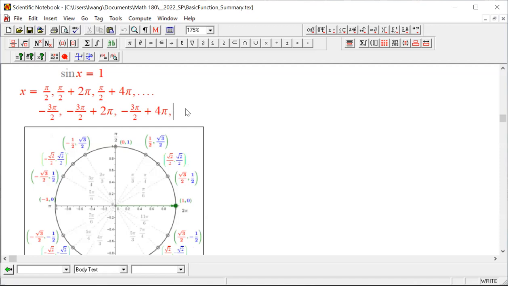Is there a pattern on all of these? Obviously, we have a pattern, which is pi over 2 plus 2k pi. On all of these, what is the pattern? Negative 3 pi over 2 plus 2k pi.